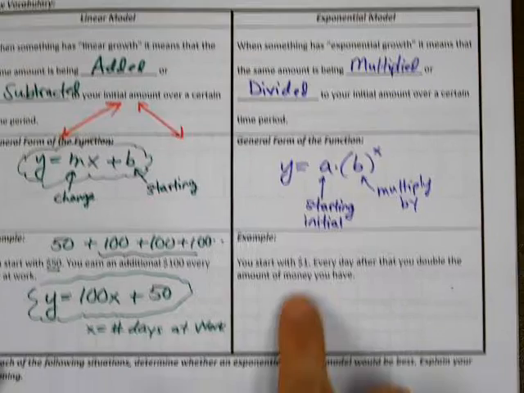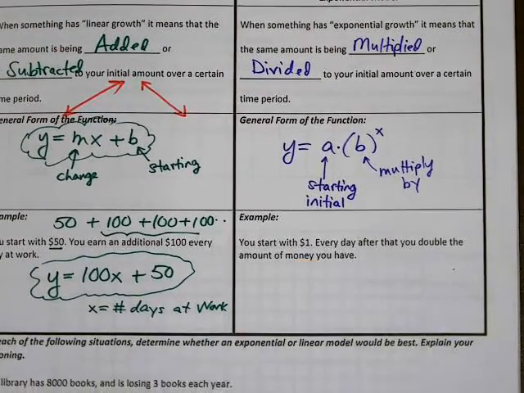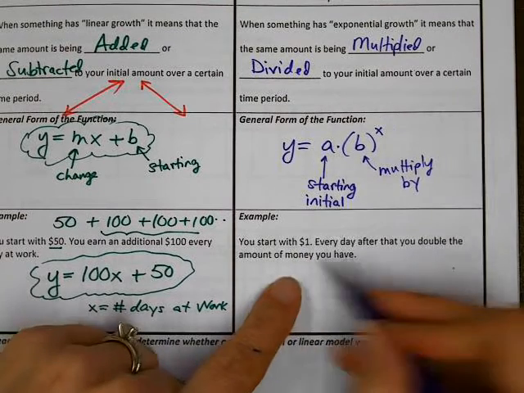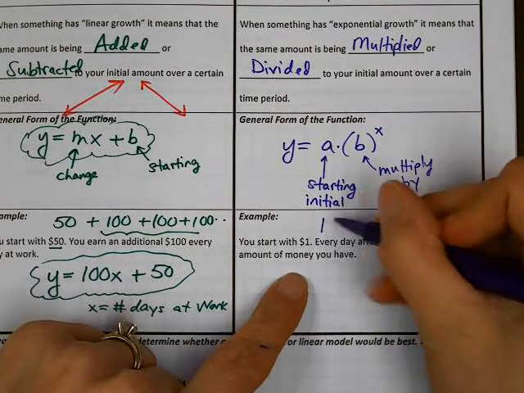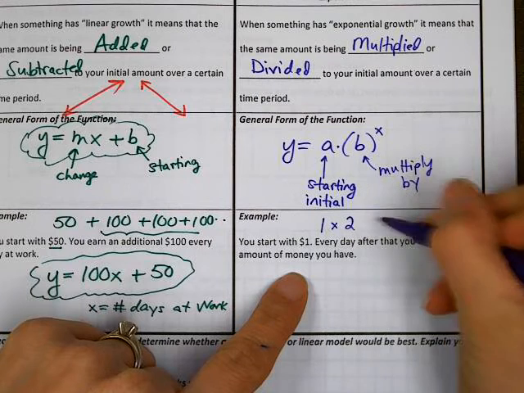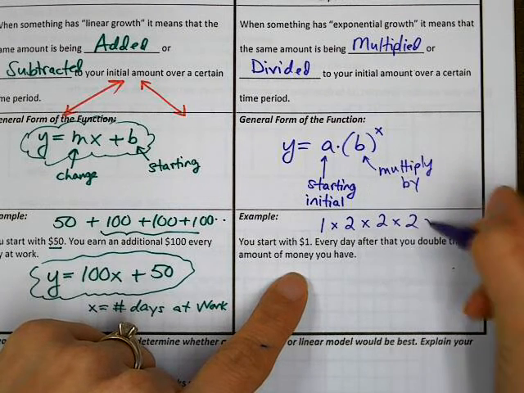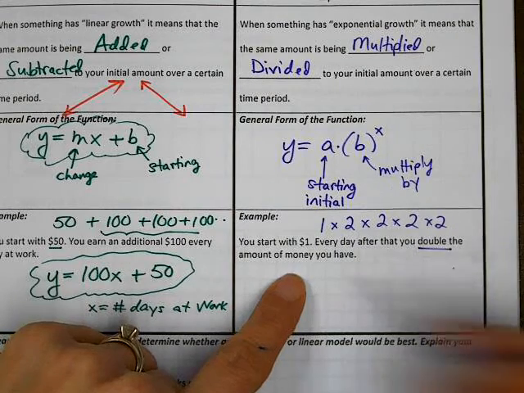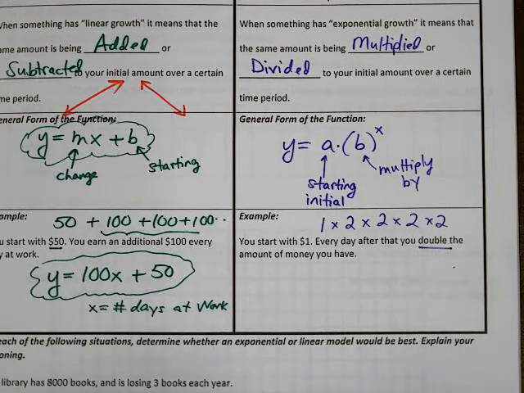For example, you start with $1, and then every day you double the amount. So I have $1, and then I times that by 2, and then times that by 2 again, and again. Every day you double the amount. That's going to start to get to be a lot of money.